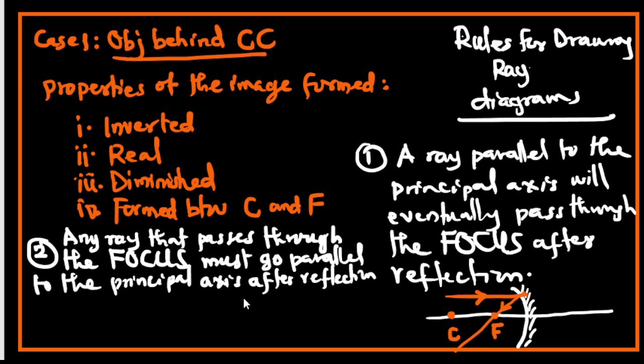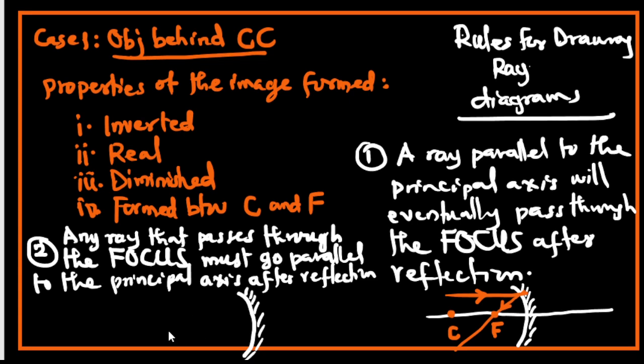Now let me explain using this diagram. If this happens to be the concave mirror and this line here happens to be the principal axis, okay, now this point here is the principal focus and this other point here is what, the center of curvature.